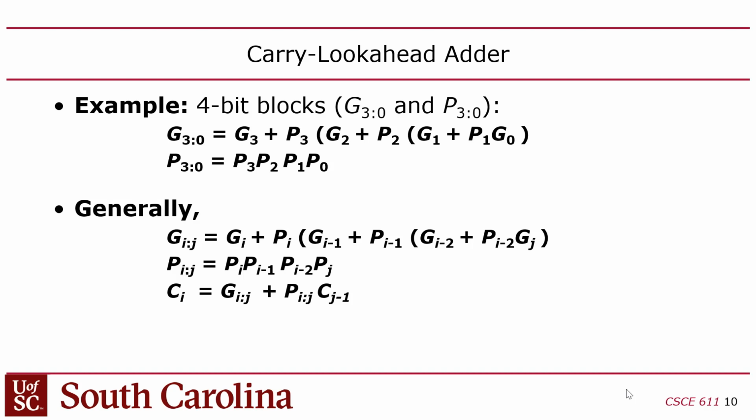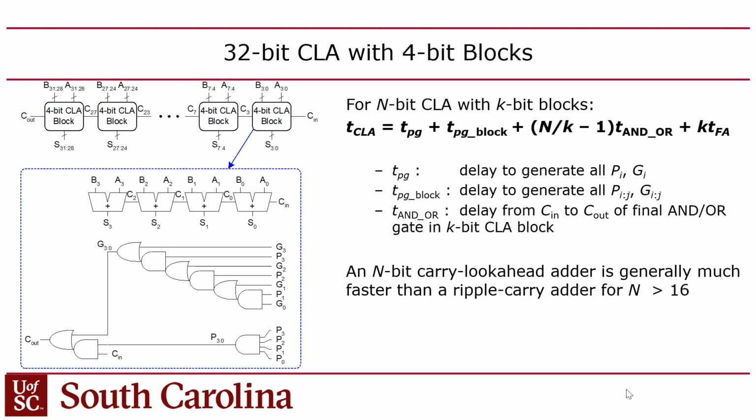So the problem with this is that to calculate the carry out, we need the carry in from the previous block, right? So now we have basically another ripple effect happening here, because we can calculate the P's and G's of the blocks in parallel, concurrently. But then, once we have those, we have to generate carries from each block, and those carries have to flow through each block, right?